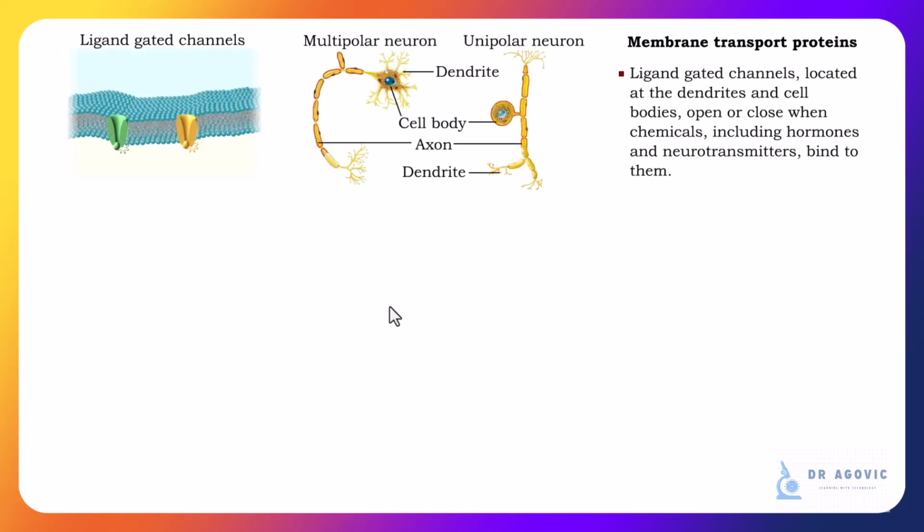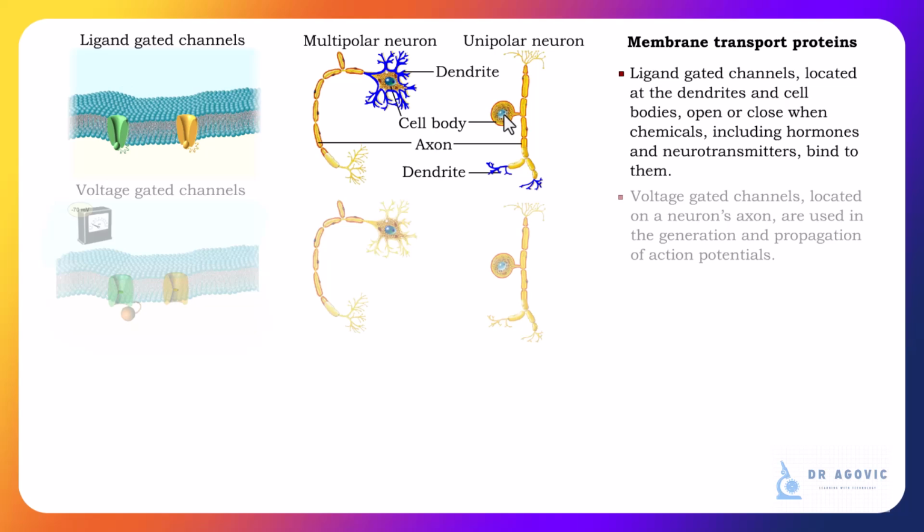Chemicals like hormones and neurotransmitters bind to ligand-gated channels to open and close them. These channels are typically located at the dendrites and cell bodies.